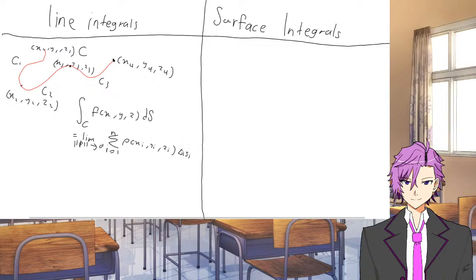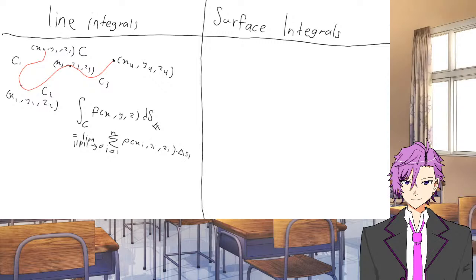So if we multiply these two together and then we sum all of them up, and then we construct the limit, we get this line integral. So the summation here is actually what they call the Riemann sum, which is used in a lot of applications.